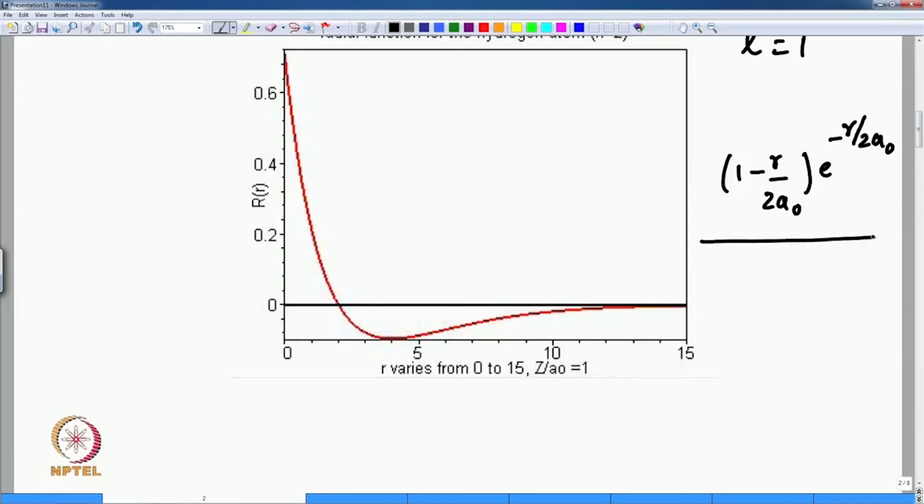You can see clearly that when r is 0, this is 1.